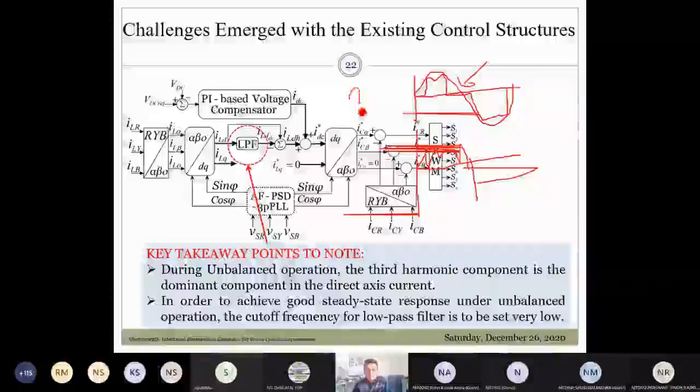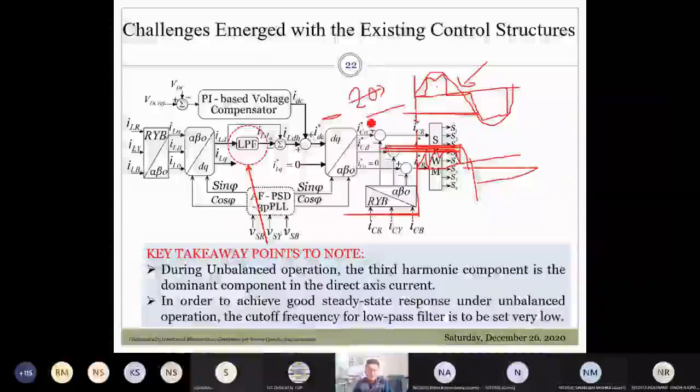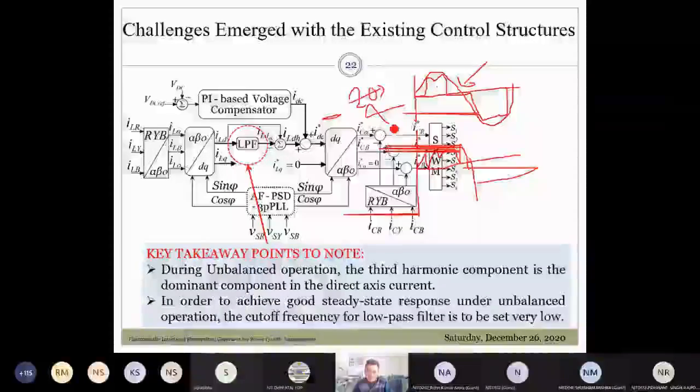Let's say the peak to peak load current is 20 ampere. That will give you 20 as the average component, but this is the DC component. So how will you generate this reference grid current? You multiply this with the unit vector templates. These unit vector templates are nothing but the voltage templates with an amplitude of 1.